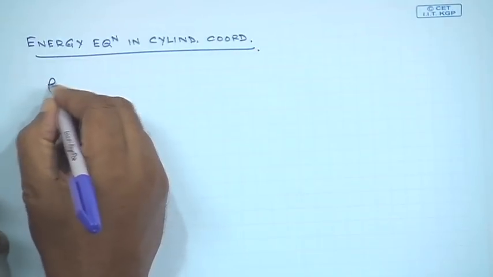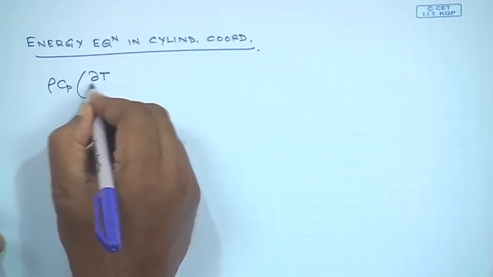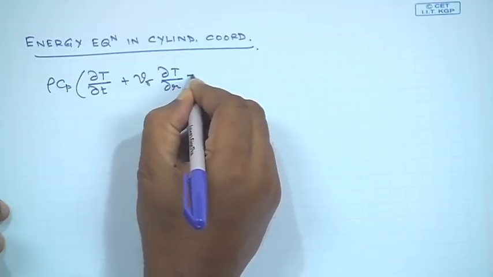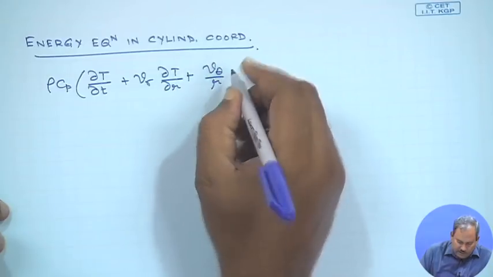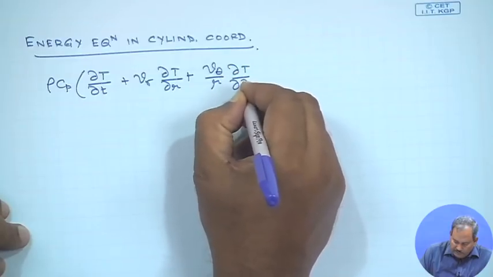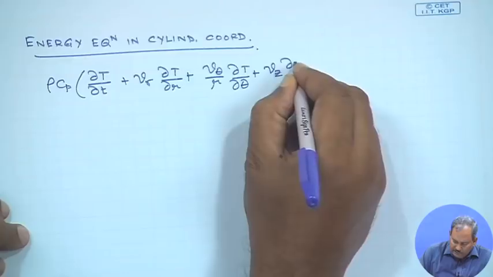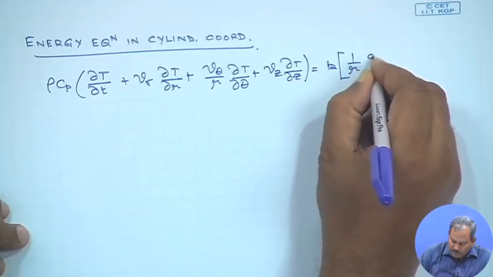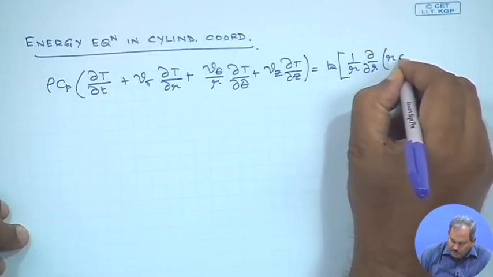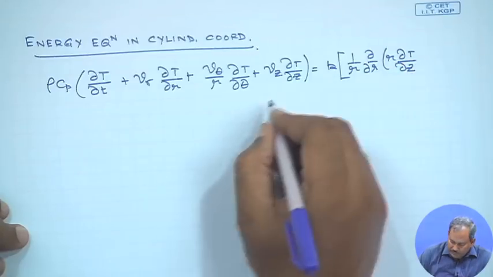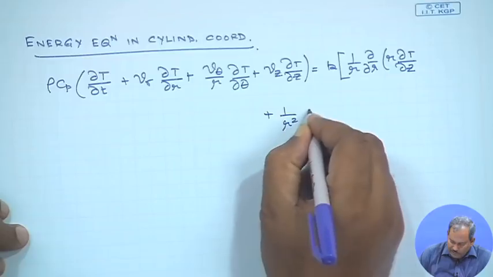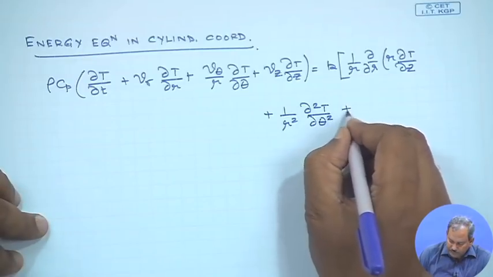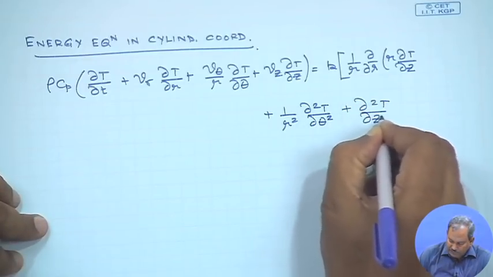This equation would simply be rho Cp times del T by del t plus Vr times del T del r plus V theta by r del T by del theta plus Vz del T del z is equal to k times 1 by r del by del r of r del T del r plus 1 by r square del 2 T by del theta square plus del 2 T by del z square.